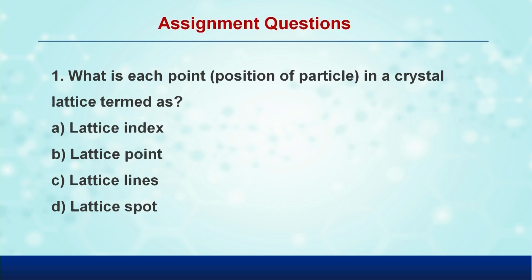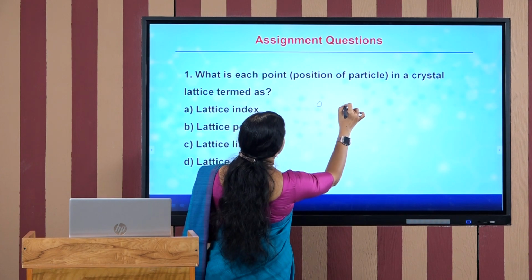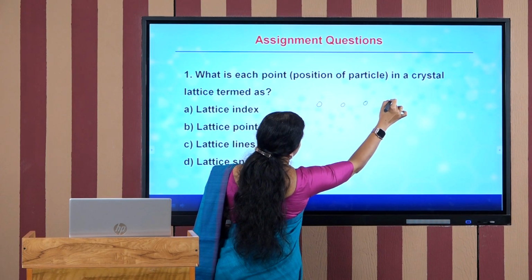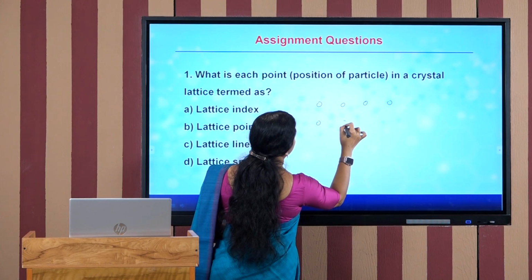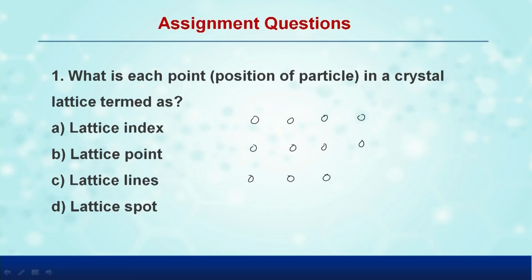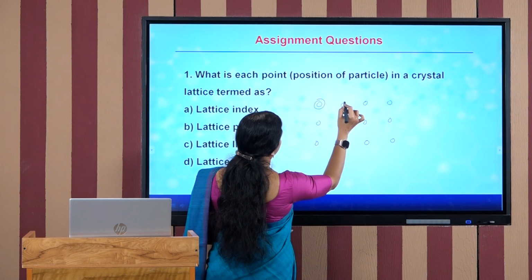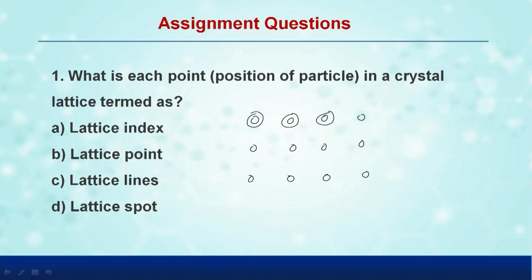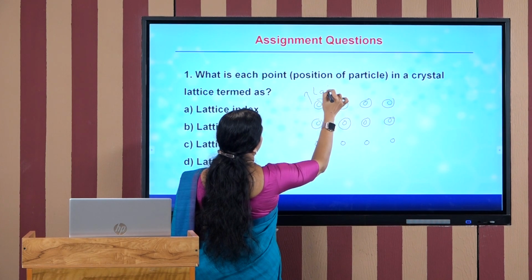So, we have seen that a crystalline lattice is represented by a periodic array of points in a particular geometrical pattern, and when these lattice points are replaced by the motifs or the constituent particles such as atoms, ions or molecules, then that is called a lattice point.